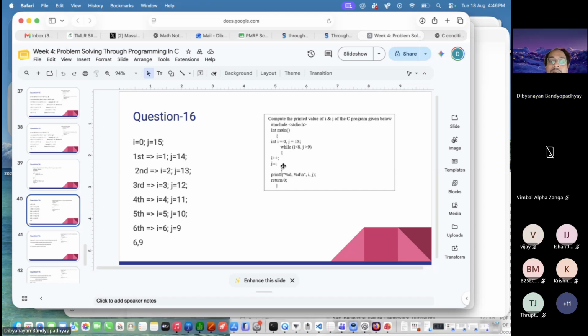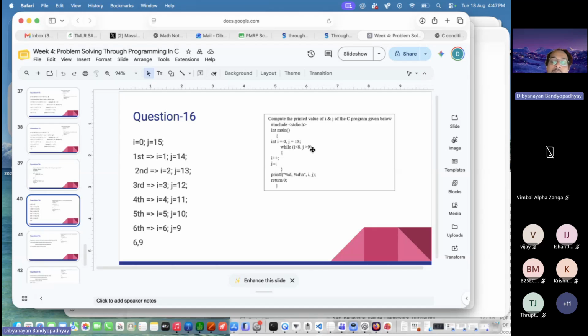As the first while loop gets executed, you again go here and the value of I is now 1. You check whether it is less than 8. But you are not actually checking. You are only checking the value of j because the last expression of the comma always gets evaluated. So now you check the value of j.